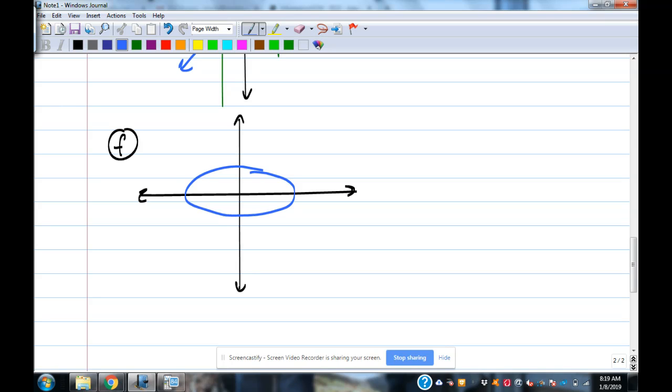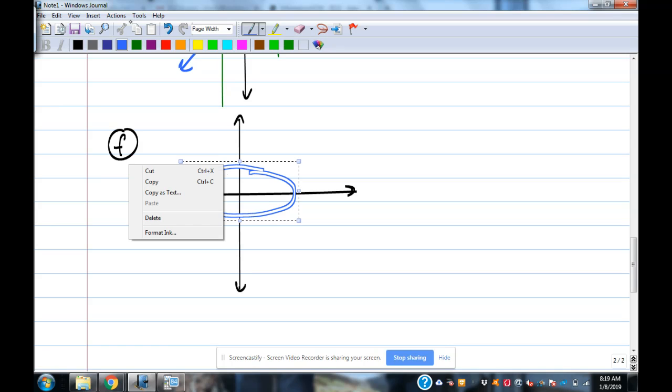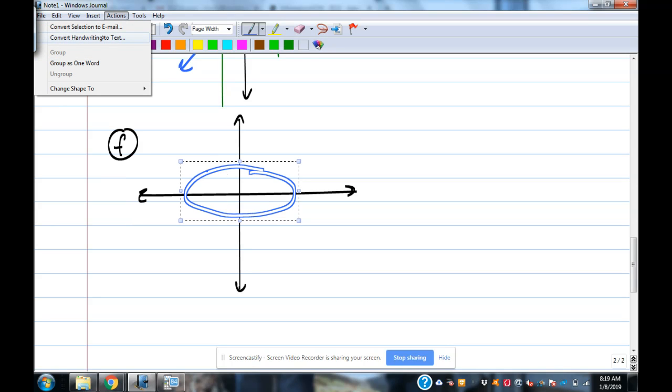There's a relation. It's an ellipse. It's not really perfect, but it's pretty close. Being an ellipse, you can tell it's not a circle. Is that a function?